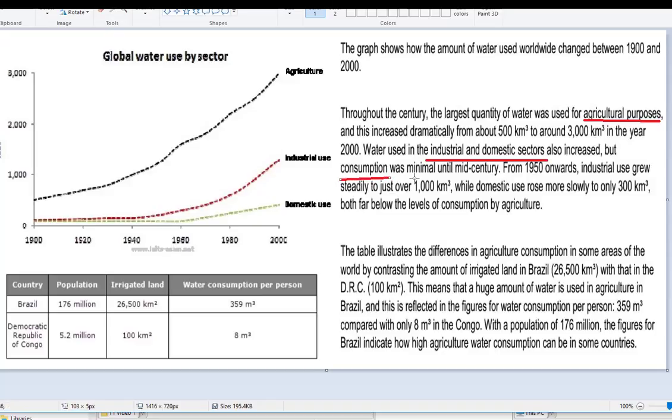We have the word consumption, and we have the word minimal, that's good. The table illustrates the differences. And this is reflected in the figures. Okay, so that's a good phrase to use.